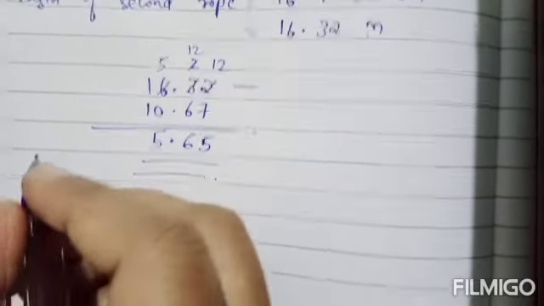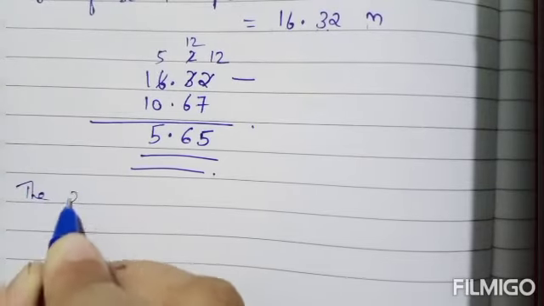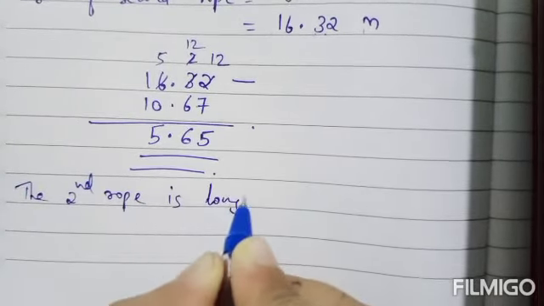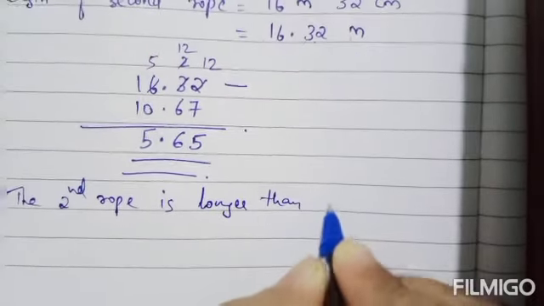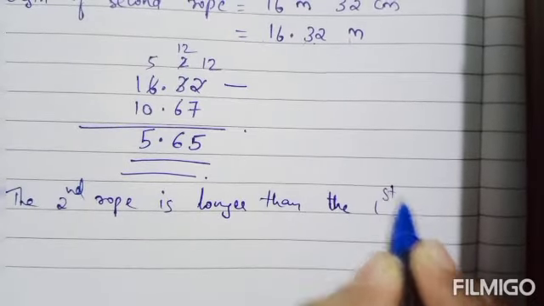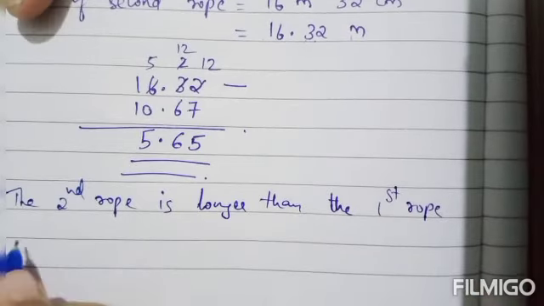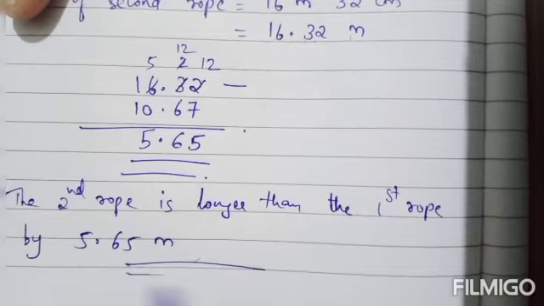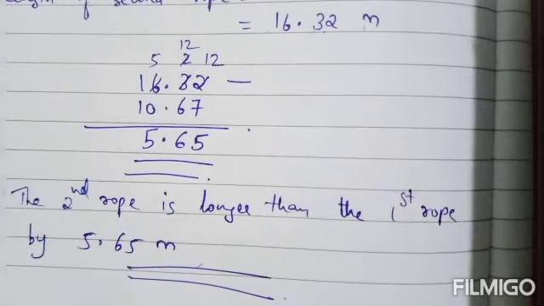Okay, so you can write the conclusion. The second rope is longer than the first rope by 5.65 meter. Second rope is 5.65 meter longer than the first rope.